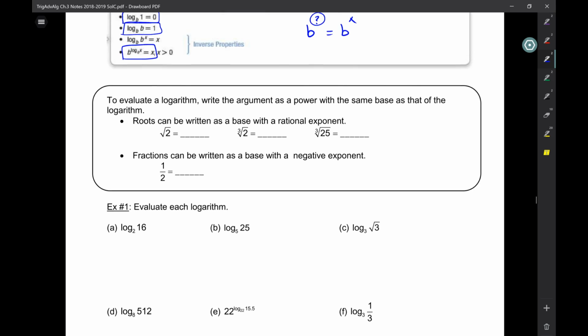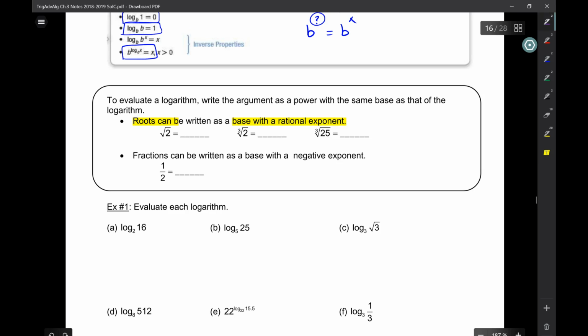Let's talk about roots. You learn about roots in algebra and then in algebra 2 or intermediate algebra, but we always forget. When we're talking about logarithms, often we're going to run into roots. So remember that a root can be written as a base with a rational exponent.